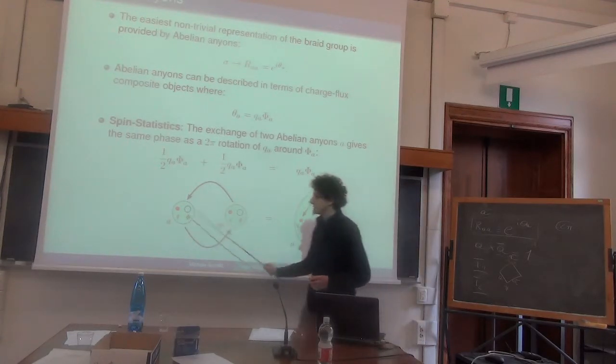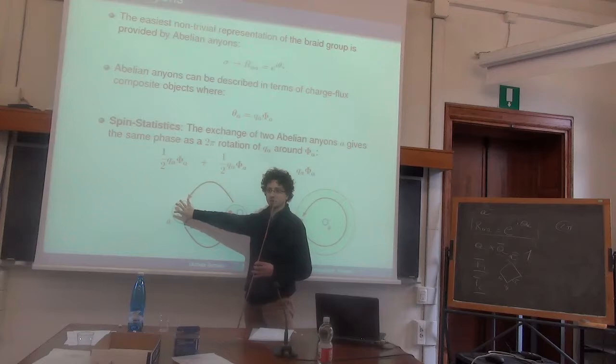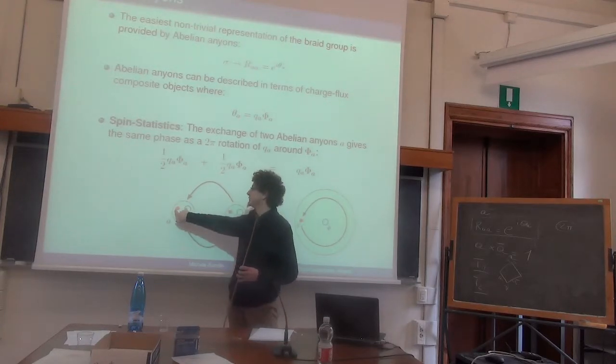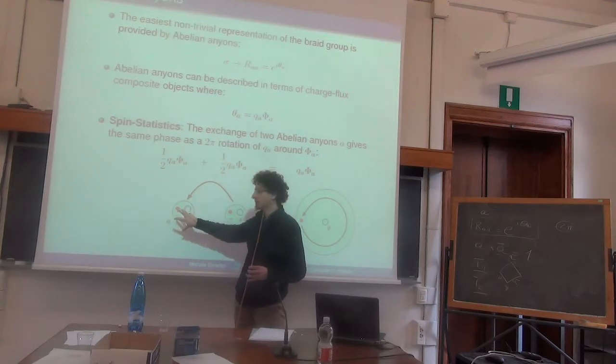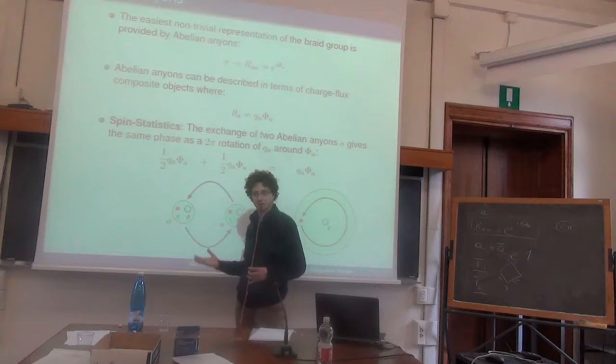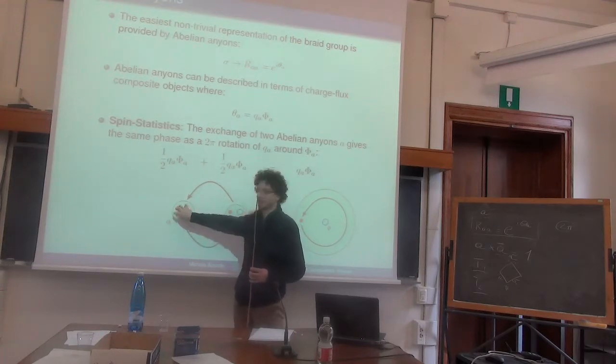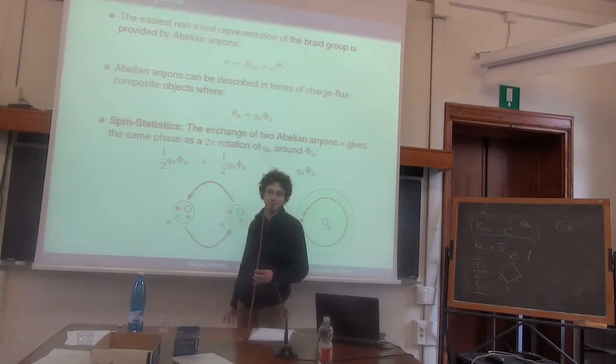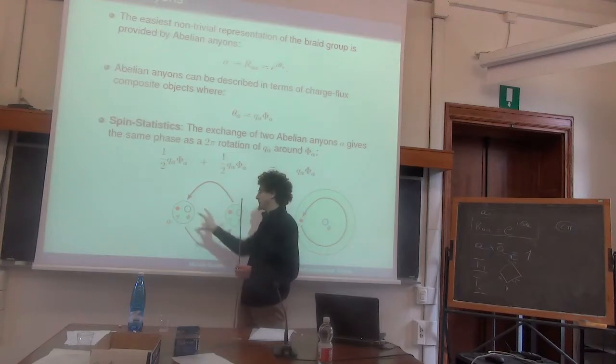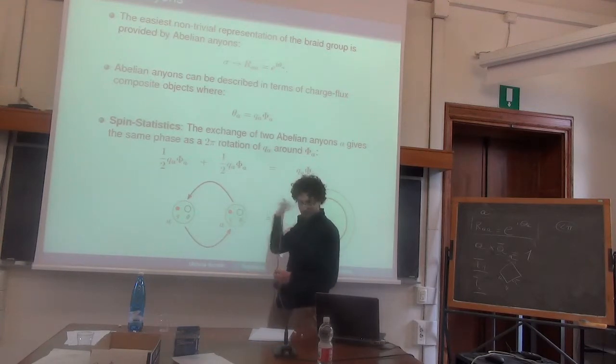So here I am considering this as an elementary anion, and these are two different objects. So this is a charge and this is a flux. I don't care. This is a mathematical way of thinking about a single anion, and they must be as close as possible somehow. And you have to consider their motion as being rigid. We will see that in a while.